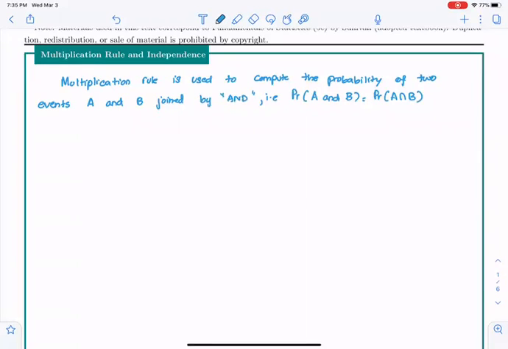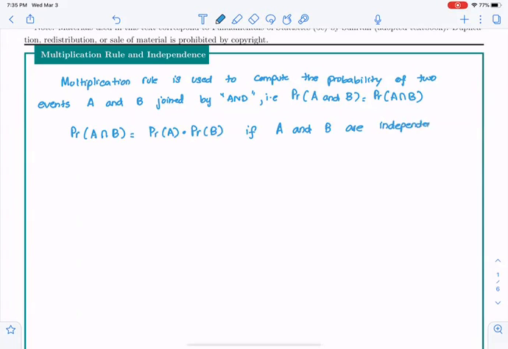So what does the rule state? Probability of A and B is equal to the probability of A multiplied by the probability of B, if A and B are independent of each other. What does independence mean?